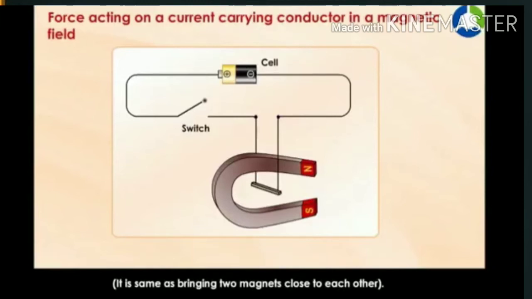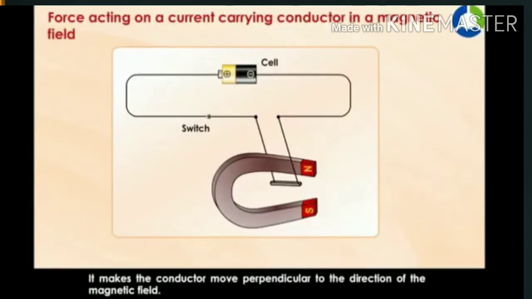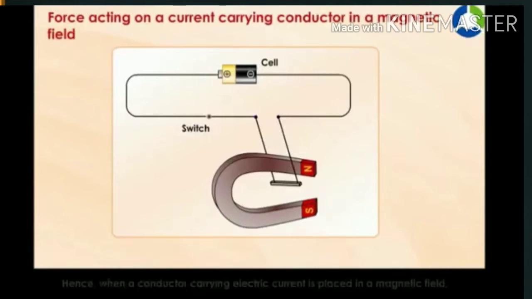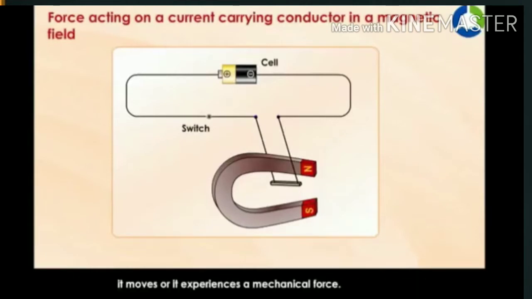It is the same as bringing two magnets close to each other. It makes the conductor move perpendicular to the direction of the magnetic field. Hence, when a conductor carrying electric current is placed in a magnetic field, it experiences a mechanical force.